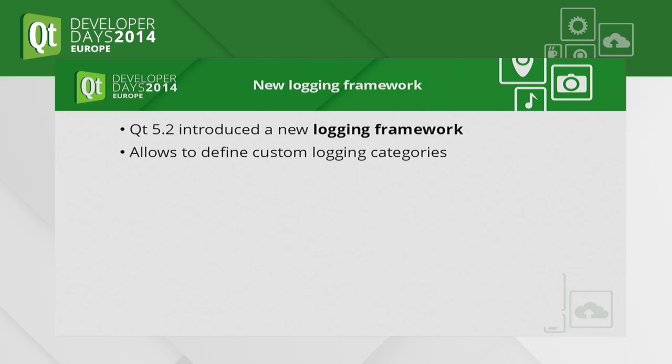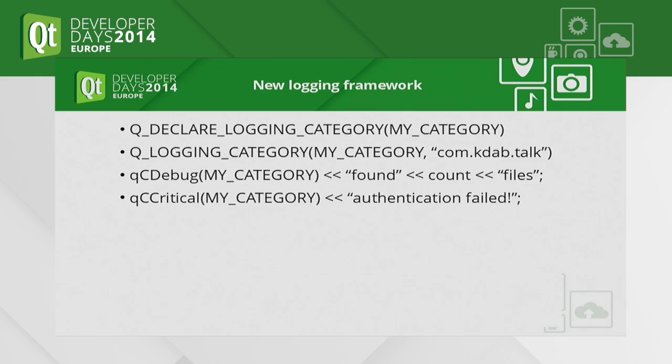The answer is yes, you can, thanks to the guy sitting over there. It's Kai from Digia. Qt 5.2 introduced a nice new logging framework, so you can create and define custom logging categories like that. That's the declaration of a category, and that's the definition of a category. Of course, that appears in an H file, and that appears in a C++ file.